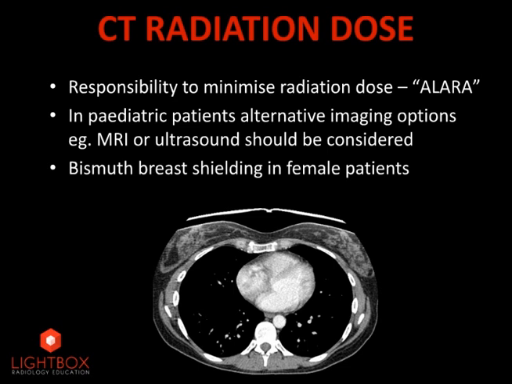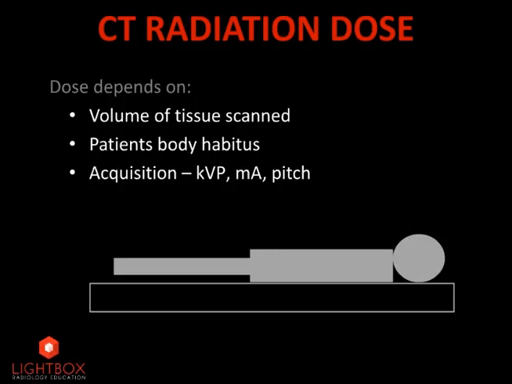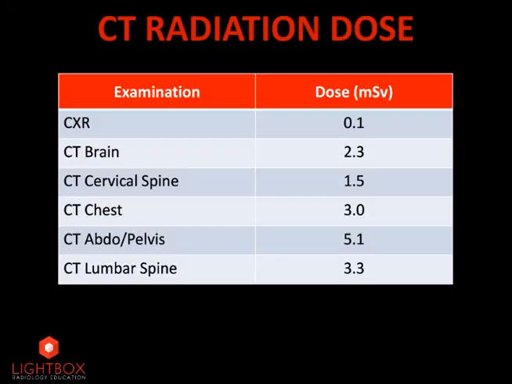When imaging the chest in female patients, bismuth breast shielding will help reduce radiation dose to the breast tissues. CT radiation dose depends on several factors: the volume of tissue scanned, the patient's body habitus, and acquisition settings. The international unit for effective radiation dose is millisieverts.